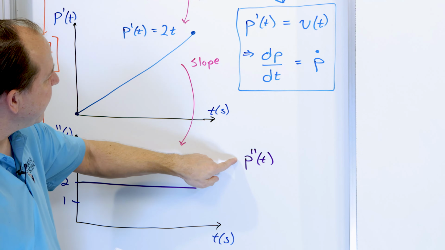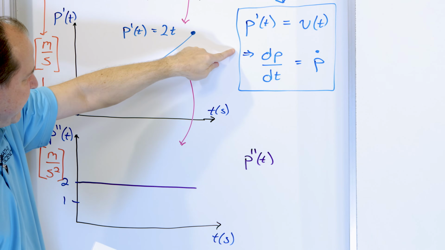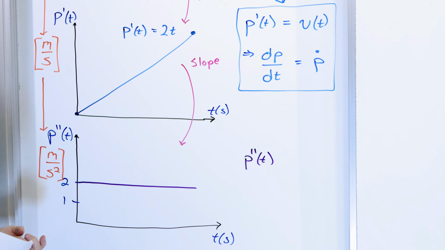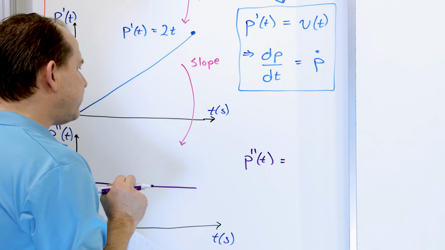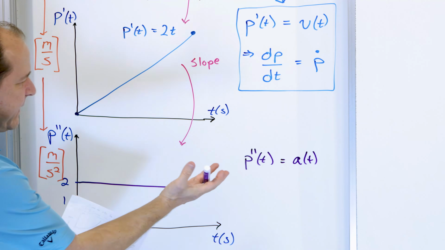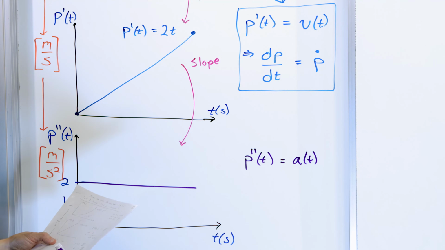This notation means you start with the original function, take one derivative to get this, and then take another derivative to get this one. That's what we were doing with the pictures. And we've already said this is equal to the acceleration as a function of time. So you could call it the acceleration, or the second derivative of position.